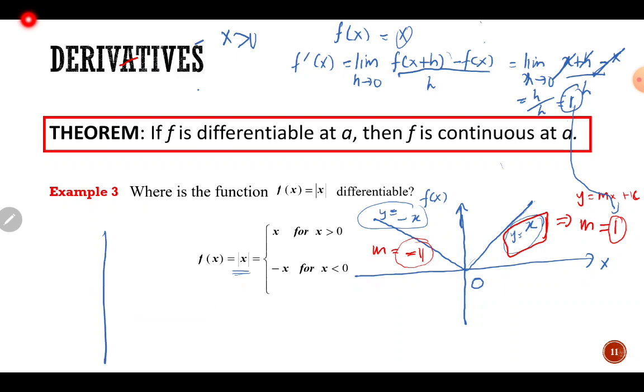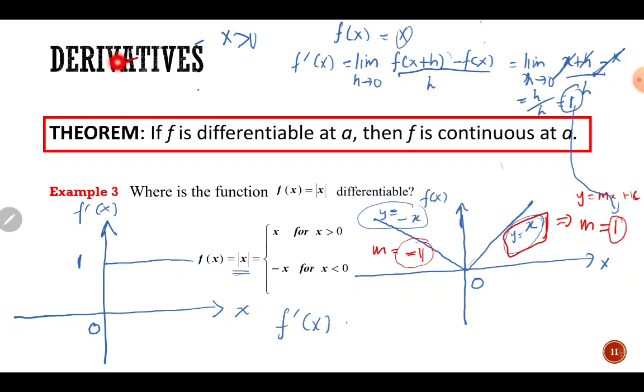We can consider this graph. This is x, this is f'(x). It is for x more than 0, not including 0. So for x more than 0, it equals 1. At x equals 0, it is not included because it is more than 0. So f'(x) is equal to 1 for x more than 0.